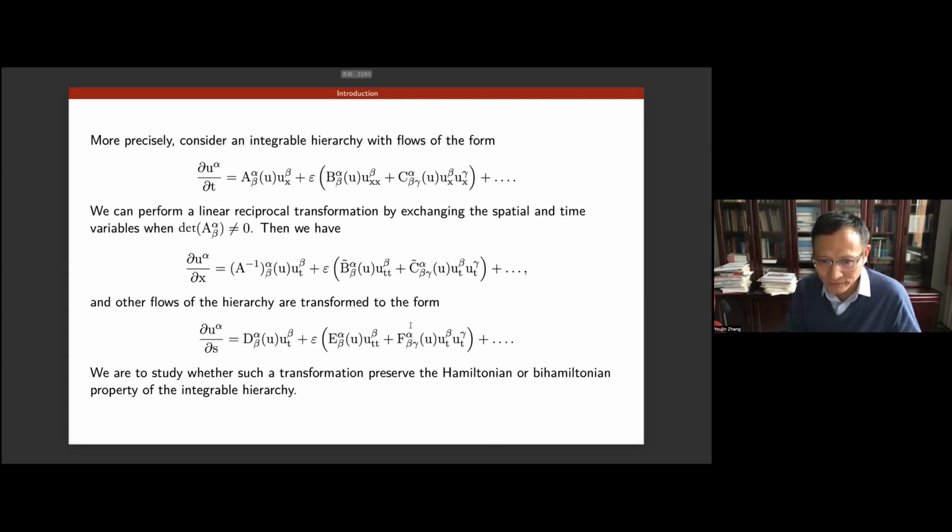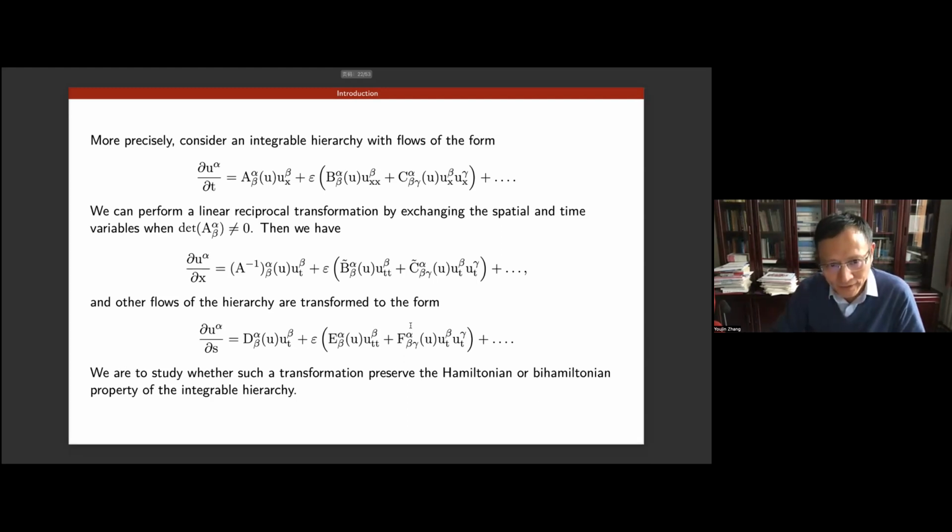It is not like the nonlinear case. For the nonlinear reciprocal transformation, we have a canonical way to give the Hamiltonian structure or bihamiltonian structure, or the non-local one, for the transformed system.